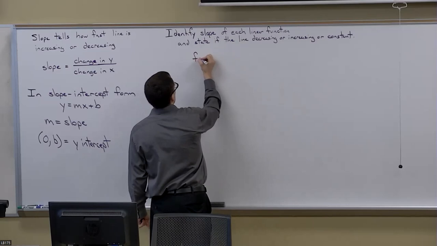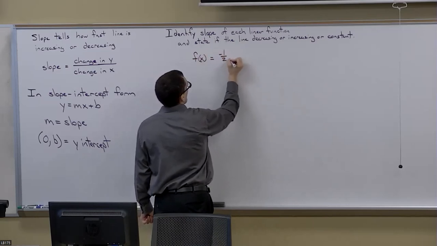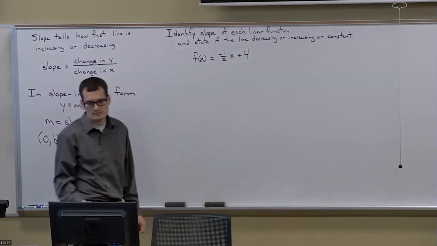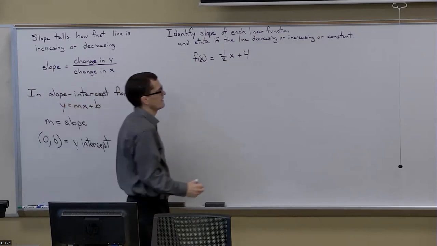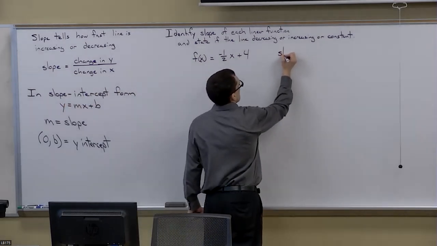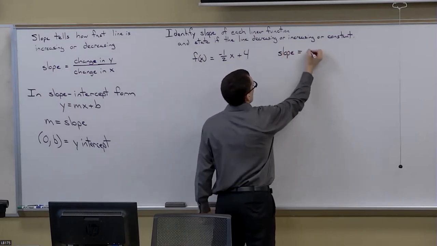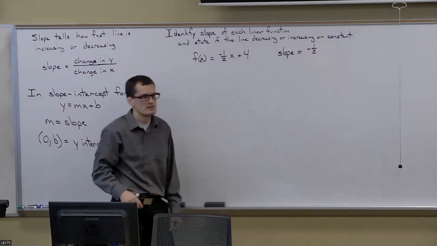Okay, so let's take a function. F of x equals negative 1/2 x plus 4. Slope here is what? Negative 1/2.